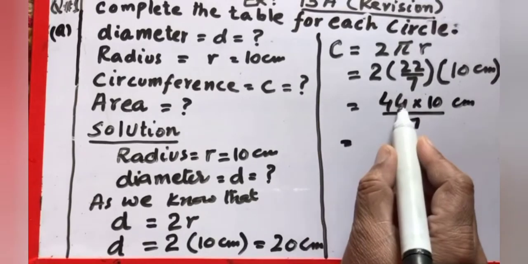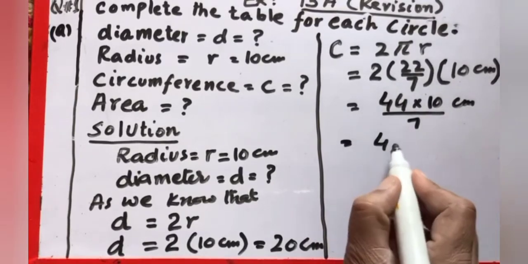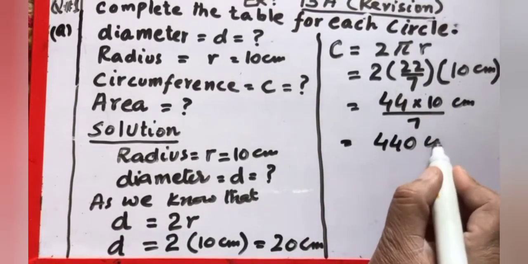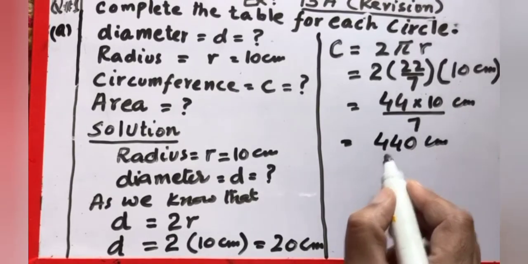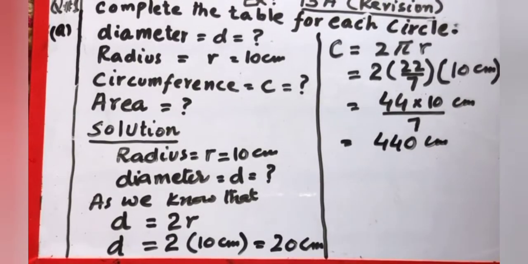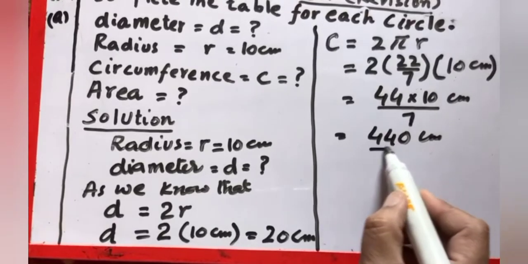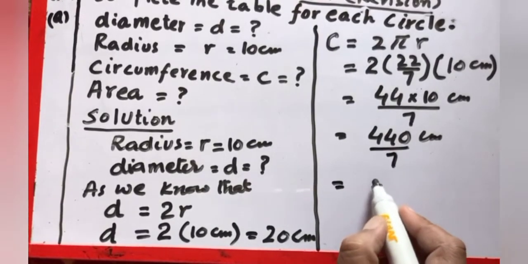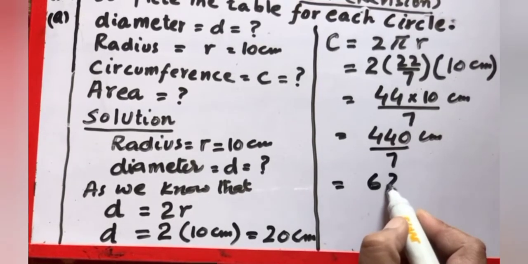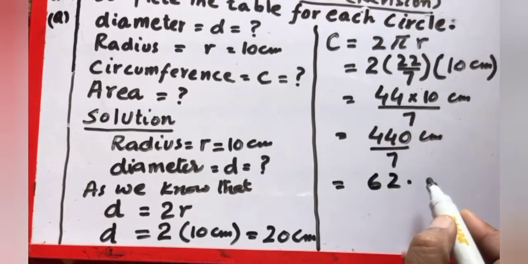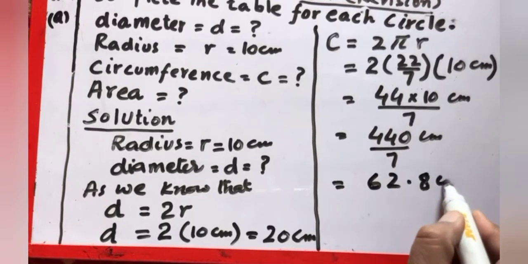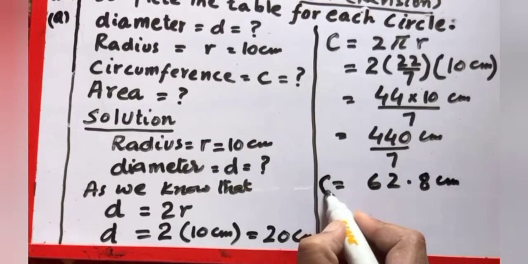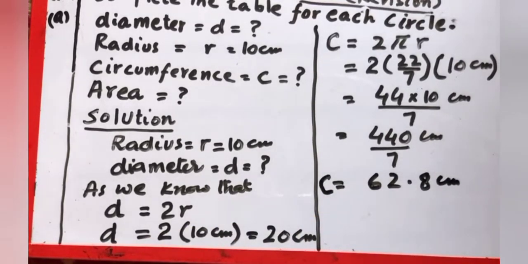If we multiply 44 by 10, we will have 440 centimeter, and if we divide 440 by 7, we will find the circumference of a circle, which is 62.8 centimeter. So it is the circumference of a circle.